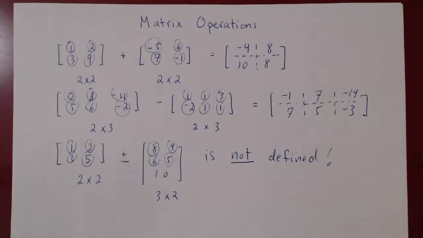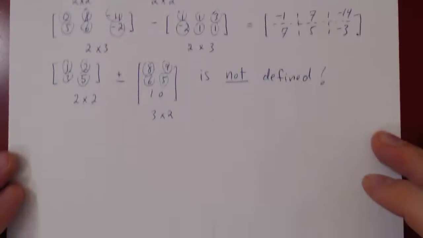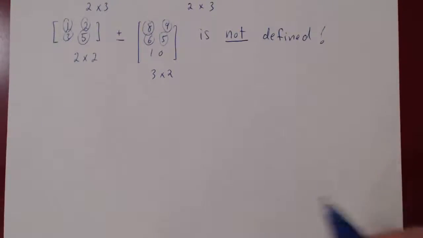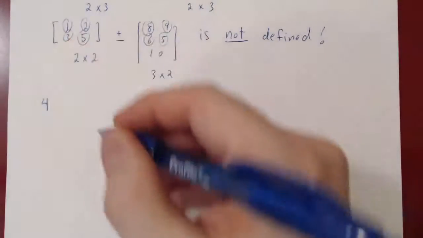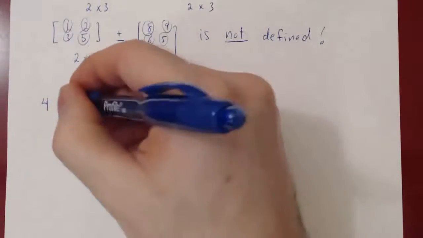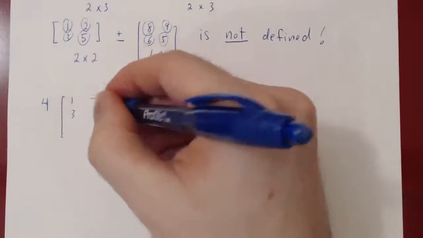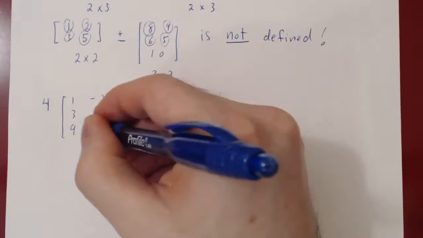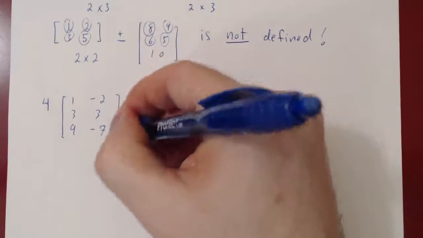What about scalar multiplication? Multiplying a matrix by a real number. As you will see, this is also a very simple operation. So what if I looked at, say, 4 times the matrix 1, -2, 3, 3, 9, -7?